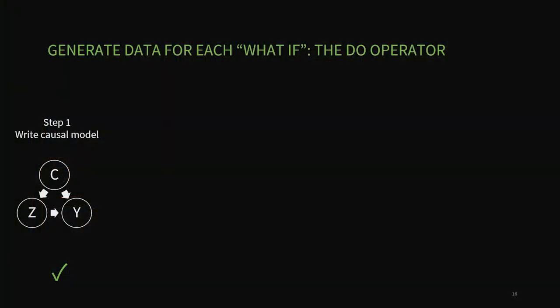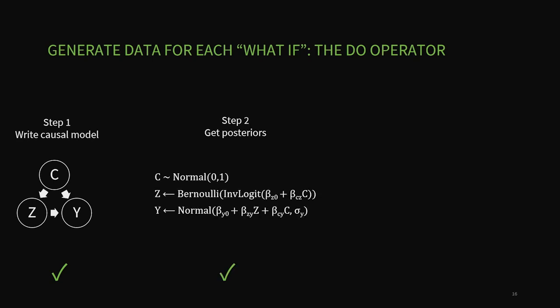So what we've done is we wrote down our DAG, so we know the underlying structure of our data. We've provided some probability distributions on these values, I'm sorry, not posterior distributions. And we've provided some prior knowledge of how we think about the strength of the relationships.